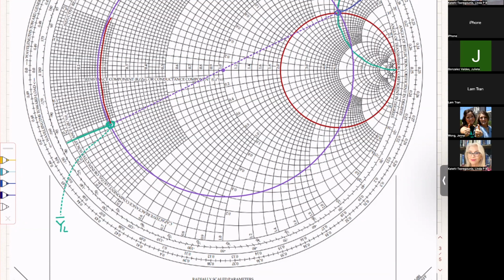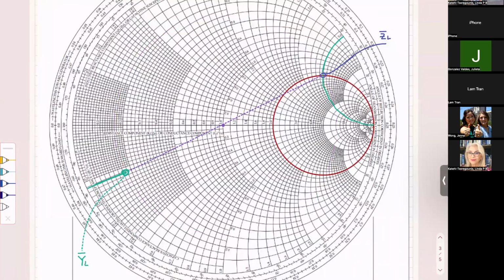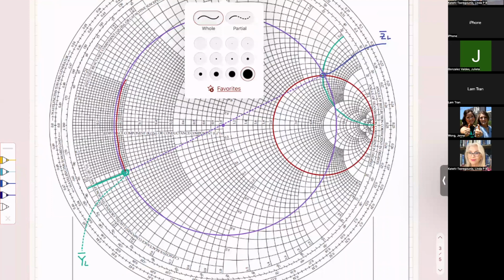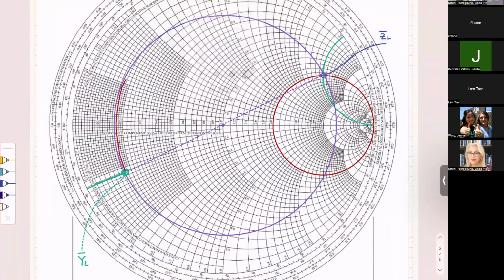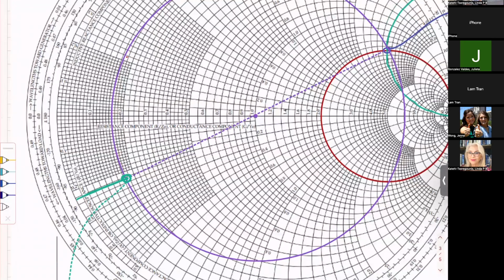So this point is the cross section of the red. In fact, I could make the red bigger. Make the red bigger. Okay, make it bigger.